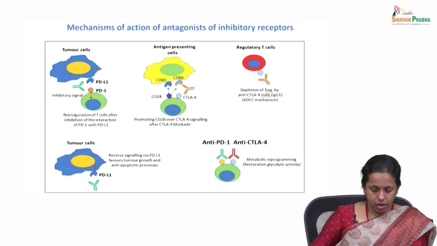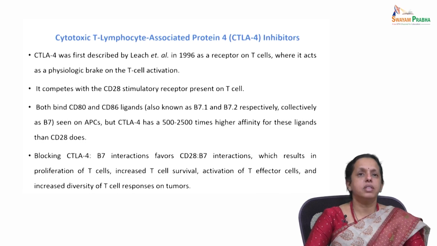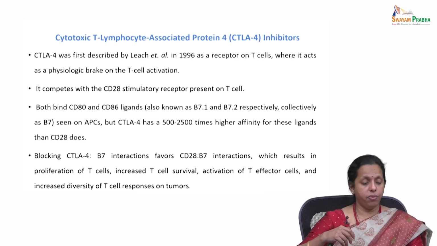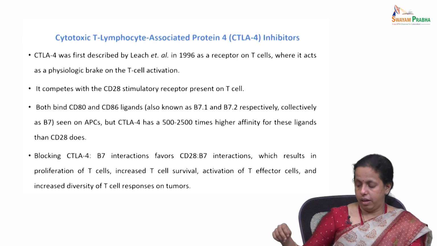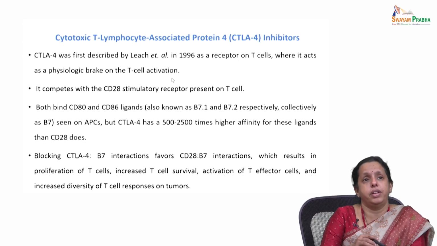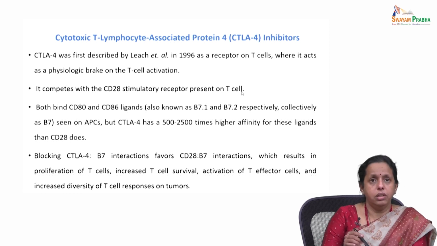This is the mechanism of action of an antagonist. You have the cytotoxic T lymphocyte associated protein 4, CTLA4, inhibitors. CTLA4 was first described by Leach et al. in 1996 as a receptor on T cells, where it acts as a physiological brake on T cell activation. It competes with your CD28 receptor, the stimulatory receptor on the T cell.